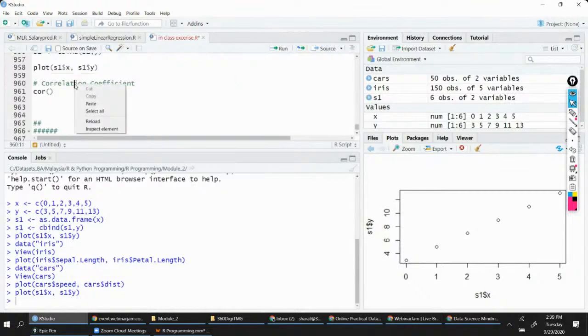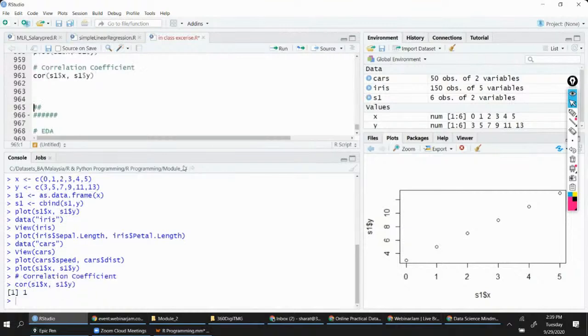What should be my r value? Yep, that's correct, Kashyap. Remember, it is a perfect straight line where the entire data is falling on the straight line, so no deviation at all. So the correlation between S1$x and S1$y is going to be a perfect 1. Here you can see it's a perfect 1.